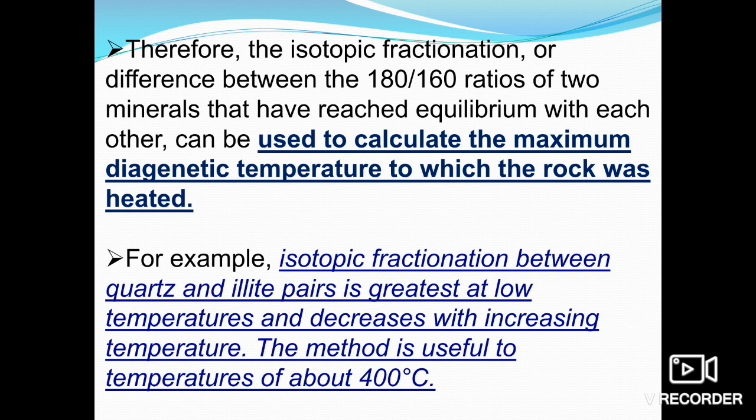For example, isotopic fractionation between quartz and illite pairs is greatest at low temperatures and decreases with increasing temperature. So the method is useful up to a temperature range of about 400 degrees Celsius.